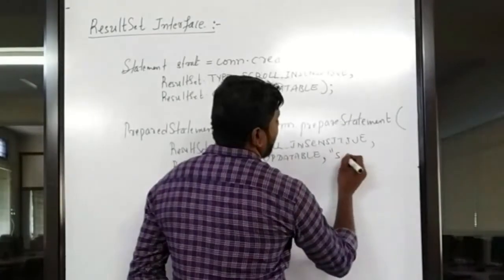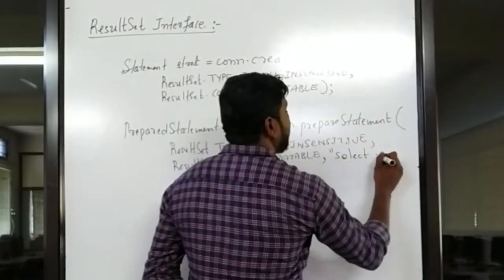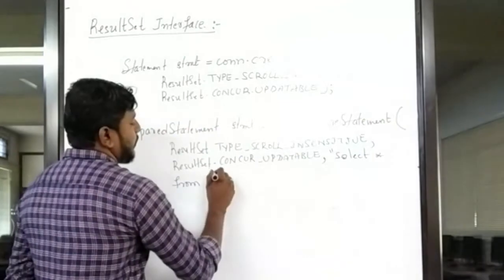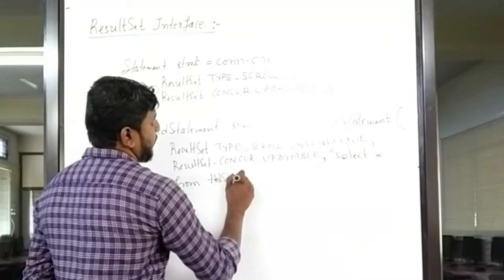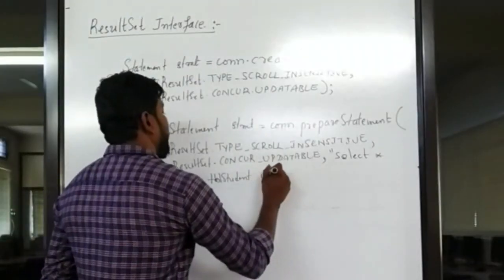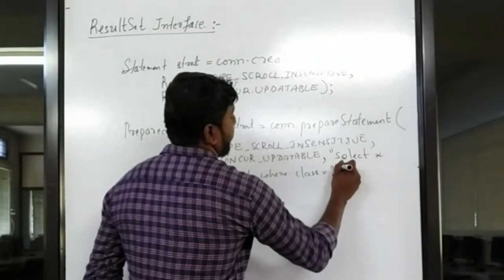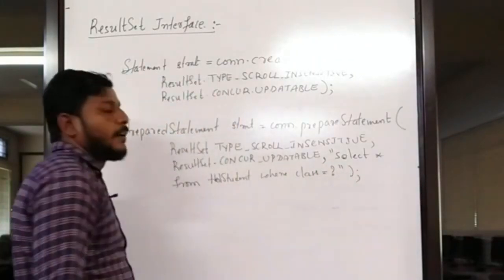For example, select * from TBL_STUDENT where class = ?.